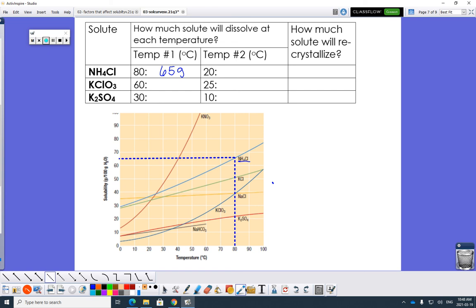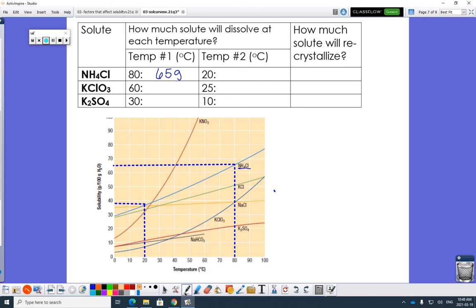Now we're at 20. Okay, so what's that going to be?